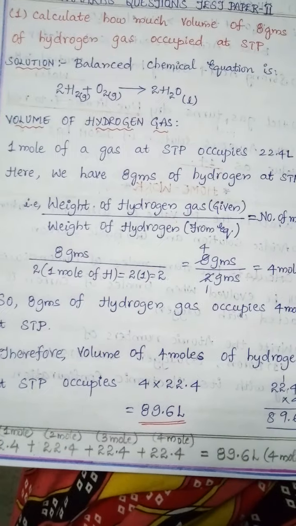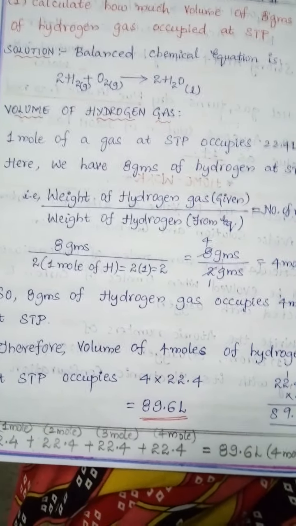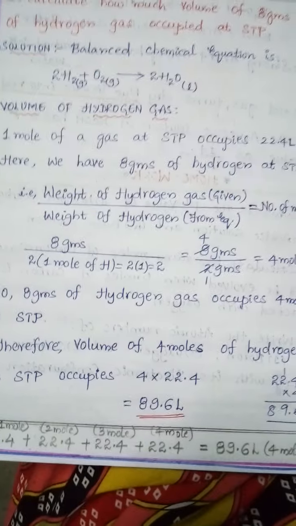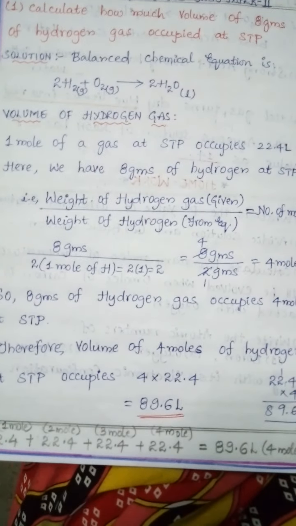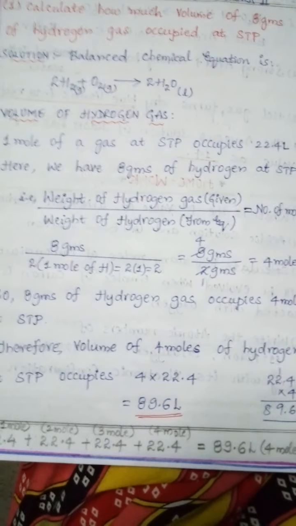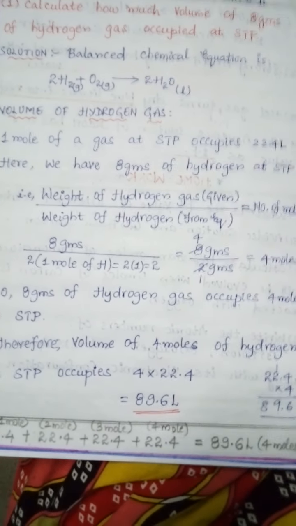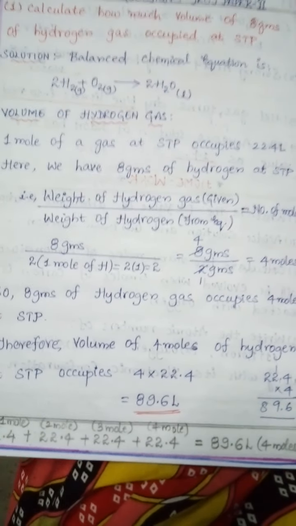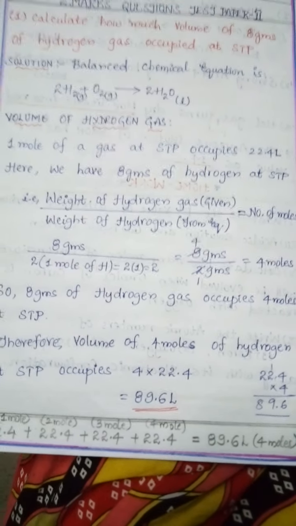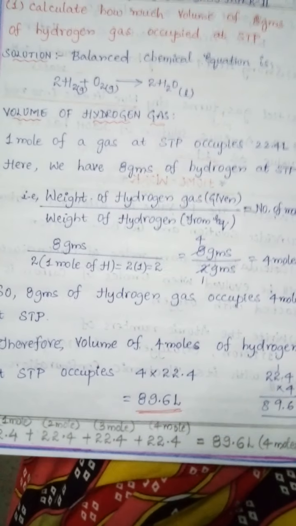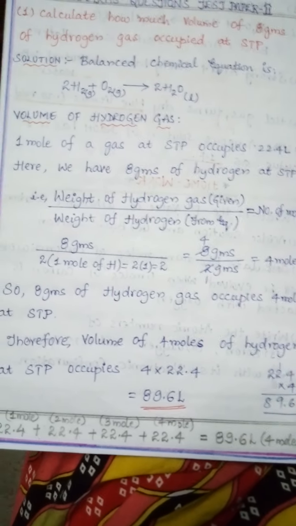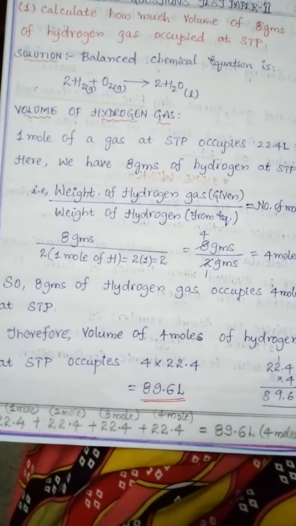Now students, 1 mole of hydrogen is given as 1, so 2 into 1 is equal to 2. So the ratio here becomes 8 grams by 2 grams, that is equal to 4 moles. After cancelling, 2 ones are 2, 2 fours are 8, we get 4 moles. So 8 grams of hydrogen is 4 moles at STP.